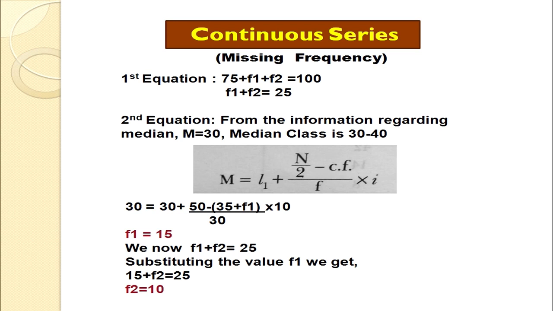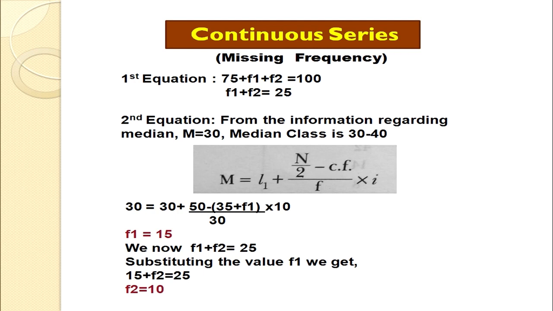Now, we will write the formula for the median. We know the median formula: M is equal to L plus (N by 2 minus CF) upon f into i. The median value is already given to us, so we substitute that value, 30. The lower limit is 30 because the median class is 30 to 40.